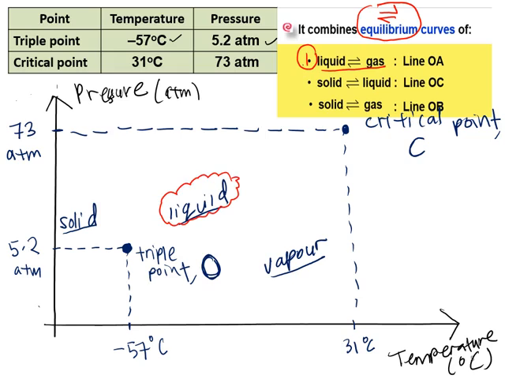This region is liquid, this region is vapor. So, between the liquid and vapor ada satu curve. So, from line O to line C. Okay, yang medium colourkan warna merah ni adalah line OA kita. OA. Line OA refer to the liquid and gas at equilibrium.